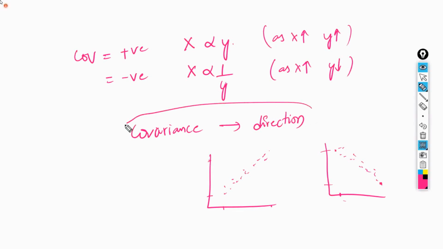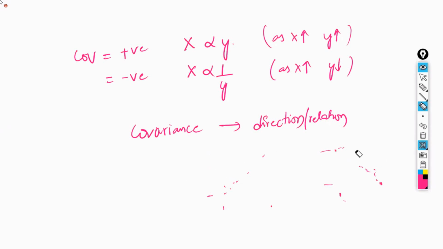Covariance is going to tell us the direction and the relation between x and y, whether it is a positive relation or negative relation. Direction is nothing but relation. Direction and relation both are the same. Relation in terms of positive relation or negative relation. And the formula is given by sigma of (x minus x bar) into (y minus y bar) divided by n minus 1, for sample.